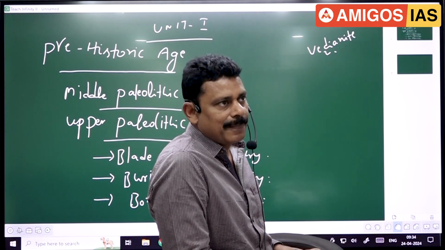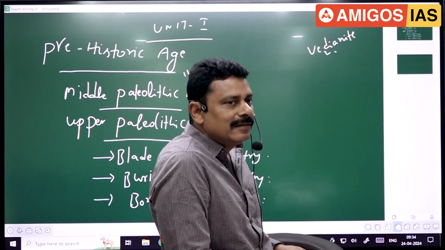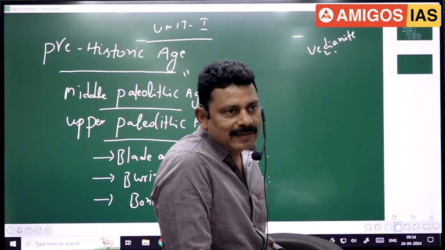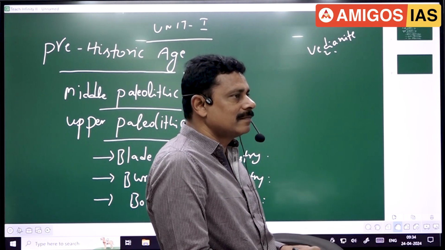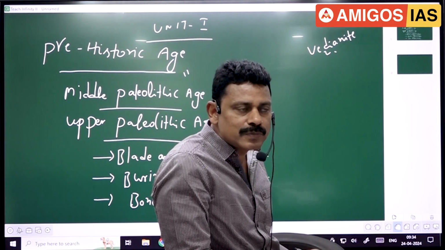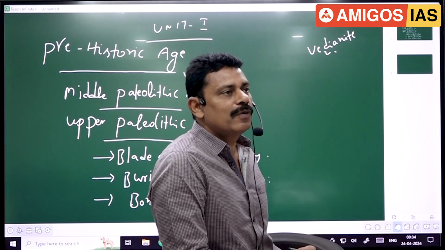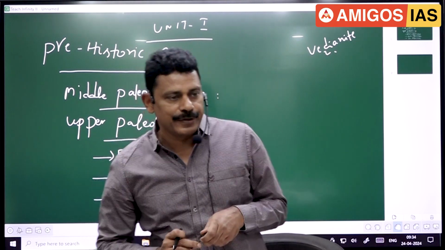If such a question appears in our examination, the answer will be Paleolithic period, specifically the Upper Paleolithic period. So by the closure of the Upper Paleolithic period, almost by the beginning of the Mesolithic period, bones began to be used as weapons. With the help of bones, various types of sharp weapons began to be produced by the humans here.